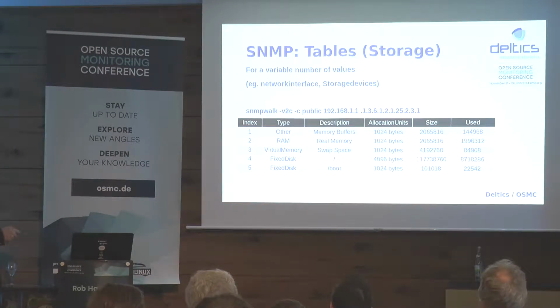And this table is set up with an index, and then all different kinds of information about this single device. As you can imagine, this is an example for storage, but for a network device, it's exactly the same for the interfaces. You'll have an index with the number of interfaces, and then you'll have speed and the admin status, upper status, all different kinds of things you want to know about one single interface.